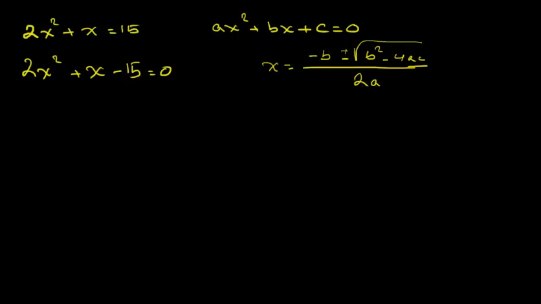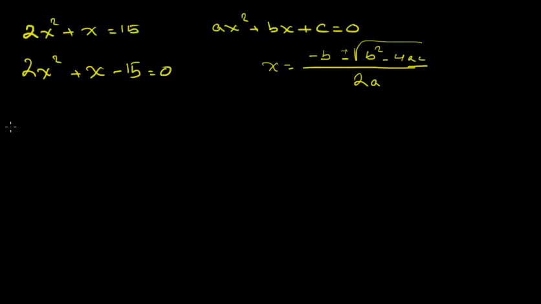The reason we have a plus and minus here is to show you that we have two roots or two solutions for this quadratic equation. Now let's solve this quadratic equation through the formula, right?